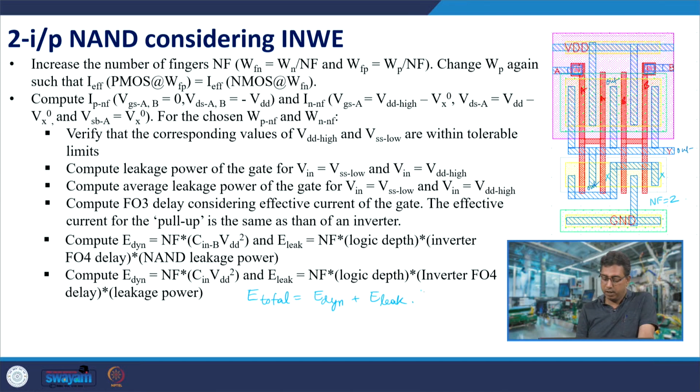Now if this is smaller than the maximum total energy that is allowed per cycle, then increase NF. You increase NF and again check for the new NF whether the total energy is smaller than the maximum allowed value. Till this condition is satisfied, you keep on increasing the number of fingers. That would increase the speed, because threshold voltages are reduced and effective current increases.